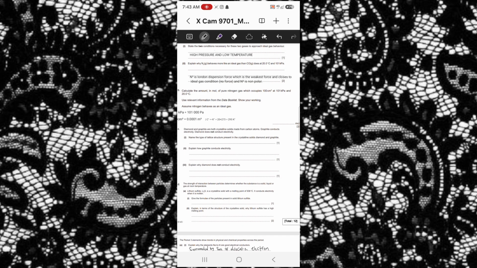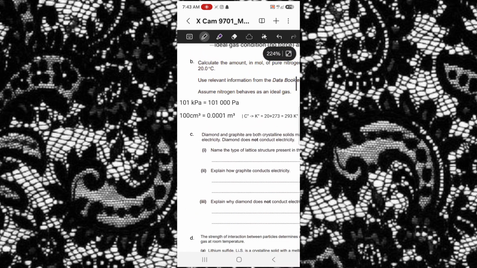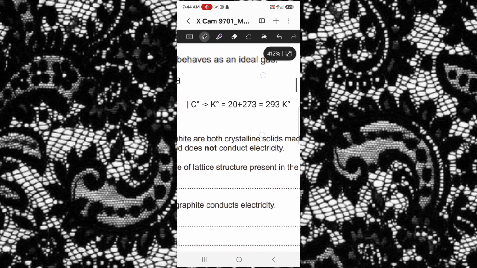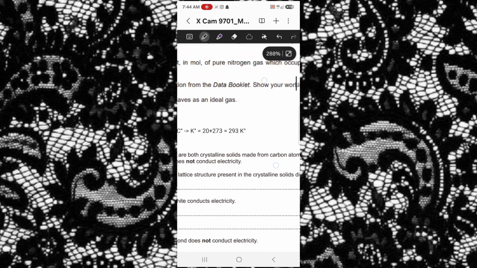Use the relevant data booklet. Show your work. Calculate the amount in mole of pure nitrogen gas, which occupies 100 centimeter cubed at 101 kilopascal and 20 Celsius. So we use the relevant data from the data booklet, and this is the answer. And don't forget to change the Celsius to Kelvin.